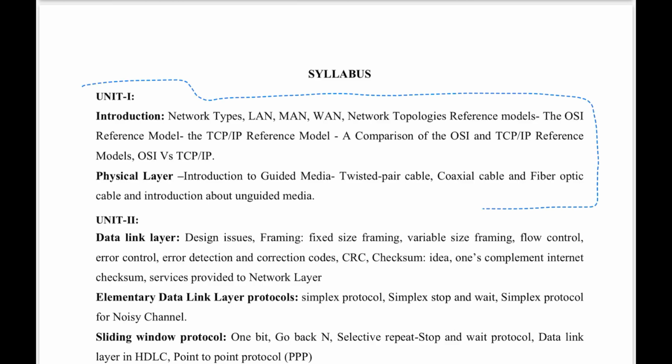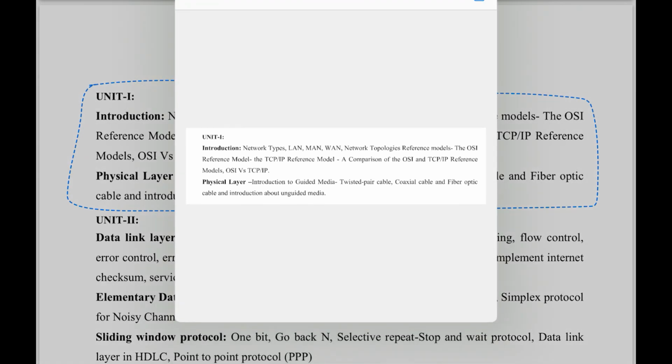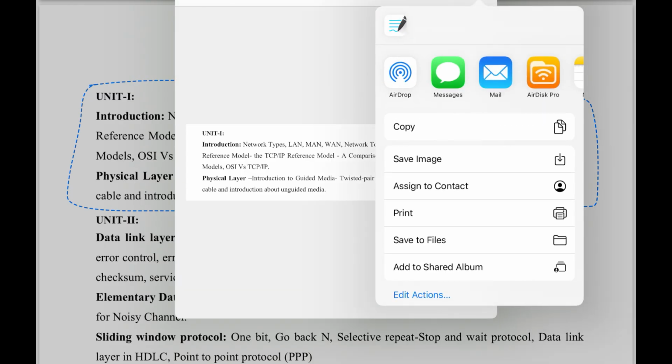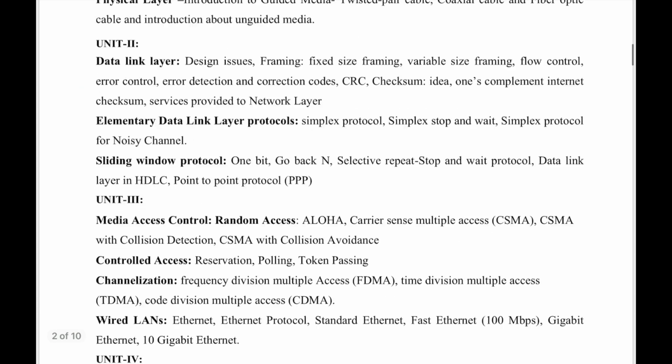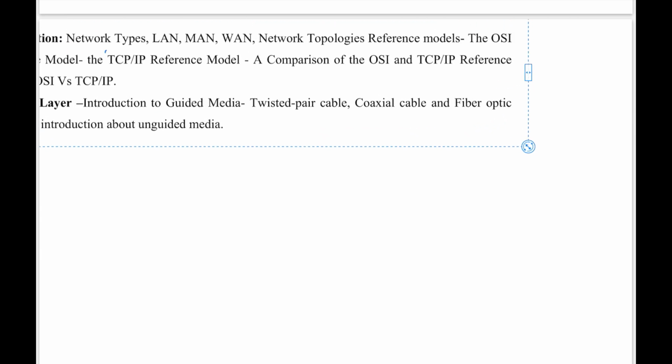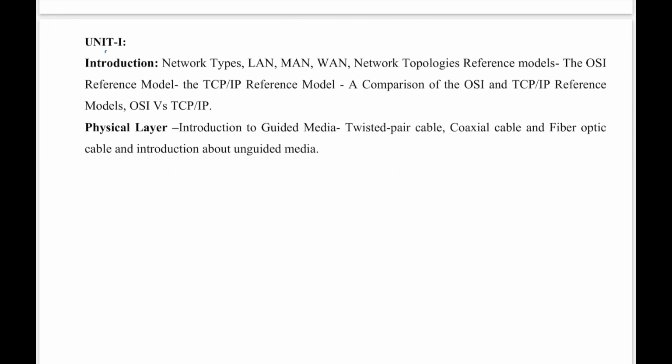Actually, it is an introduction video. I will try to observe the topics unit by unit. Coming to the unit 1, we're going to study what exactly a computer network is.